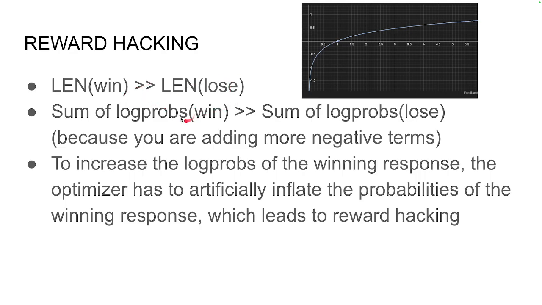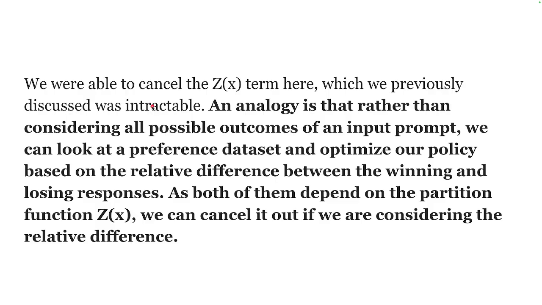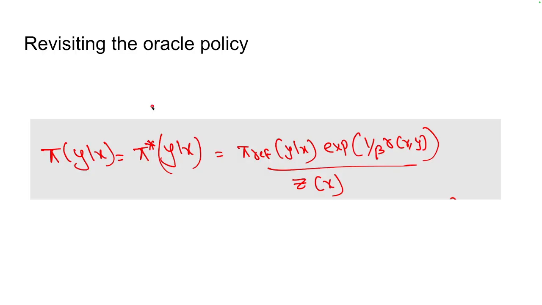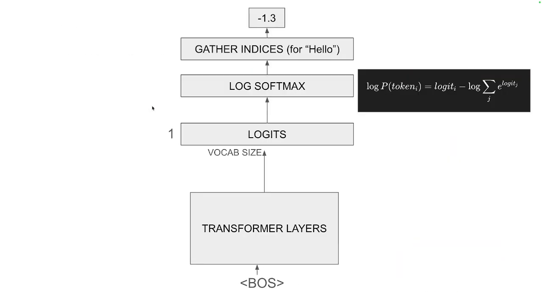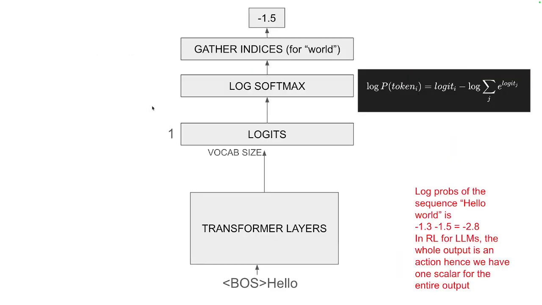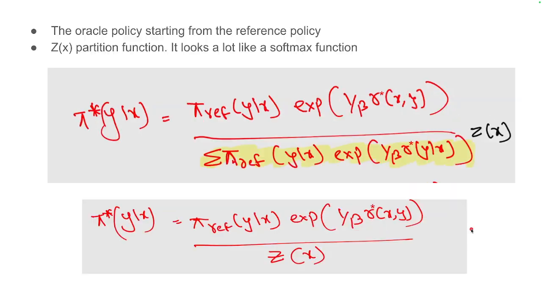So now you are taking the log probs of the winning and the losing, and also mind that the log probs are negative values, because if you remember, if I go back, the log probs that you got are negative values. So imagine summing a ton of these. If your winning response is huge, this value would be super negative.